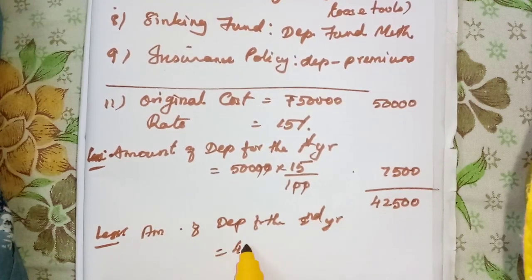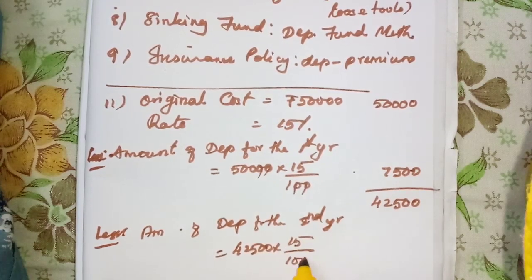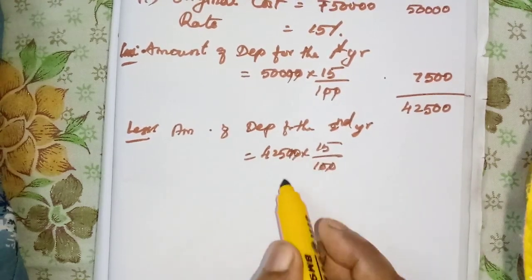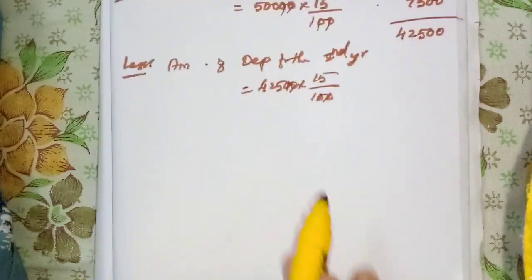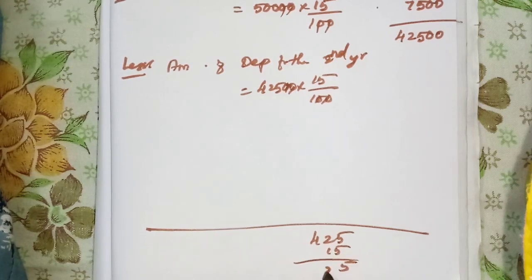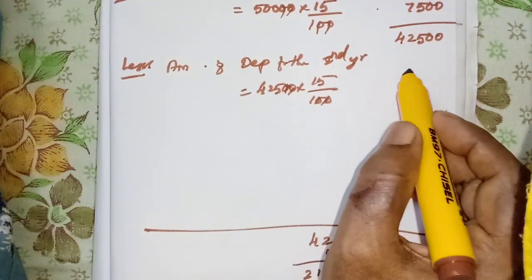Now we need to calculate 42,500 into 15 by 100. So 425 into 15, which gives 6,375.